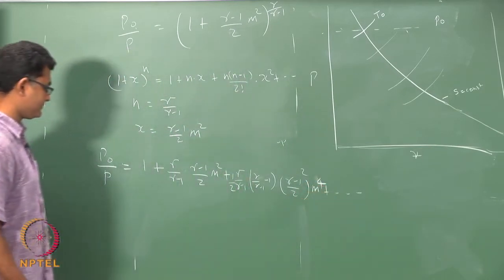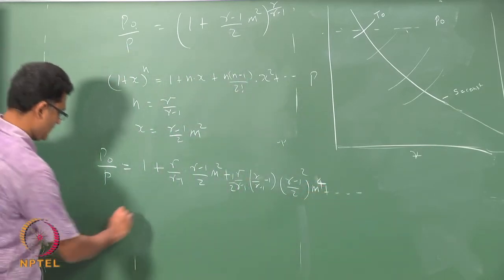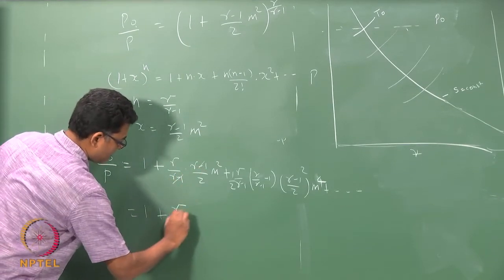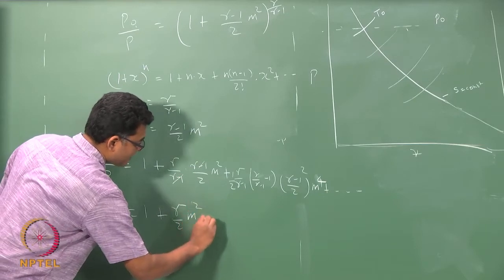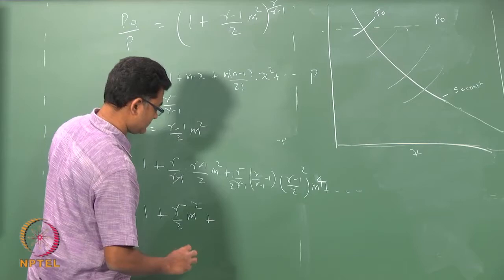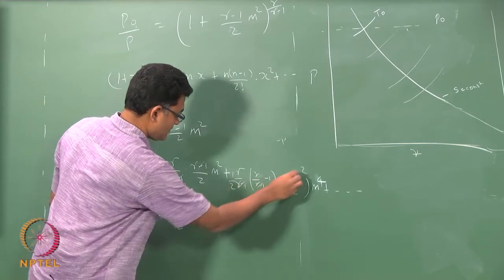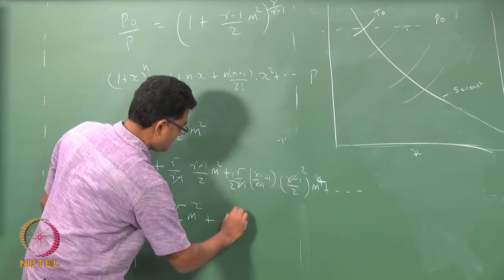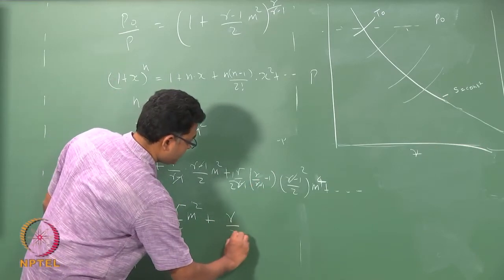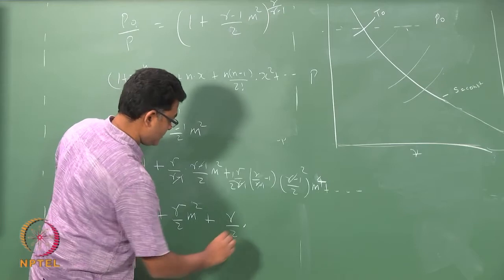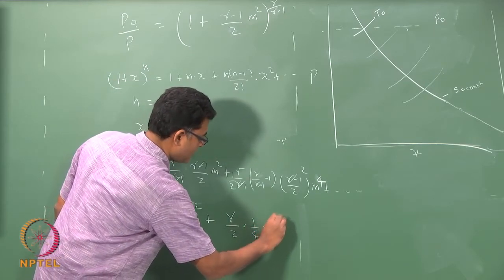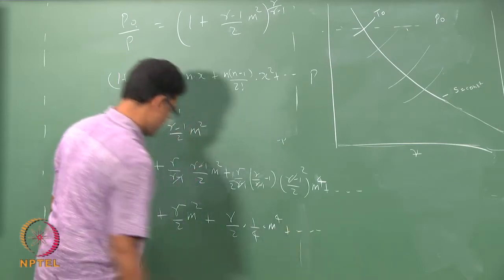So, which is now 1 plus gamma by 2 M square plus gamma by 2 into 1 by 4 into M to the power 4 plus.